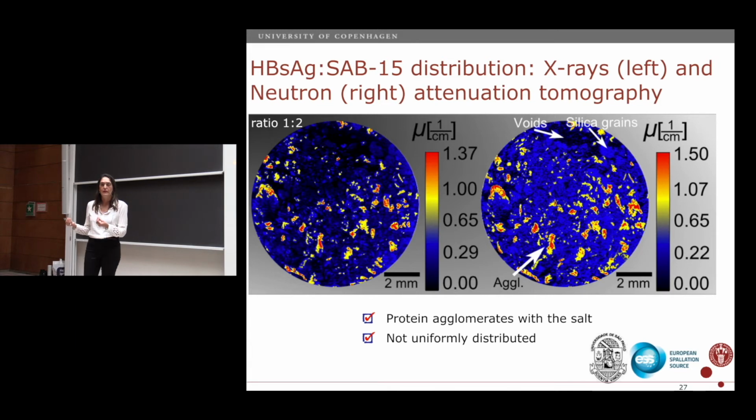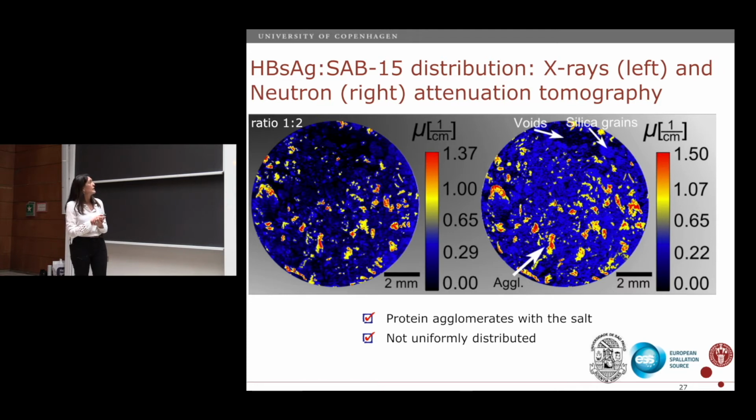And why was that? By combining these two techniques, what we could tell them is that the antigen is put together with a salt, it agglomerates, and this agglomeration is not uniformly distributed.